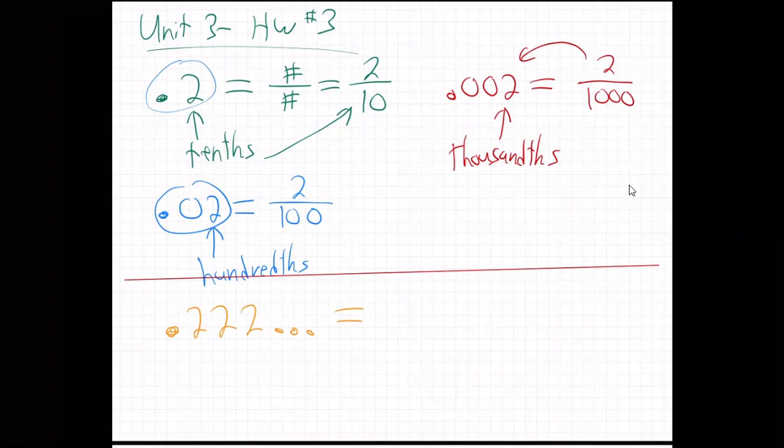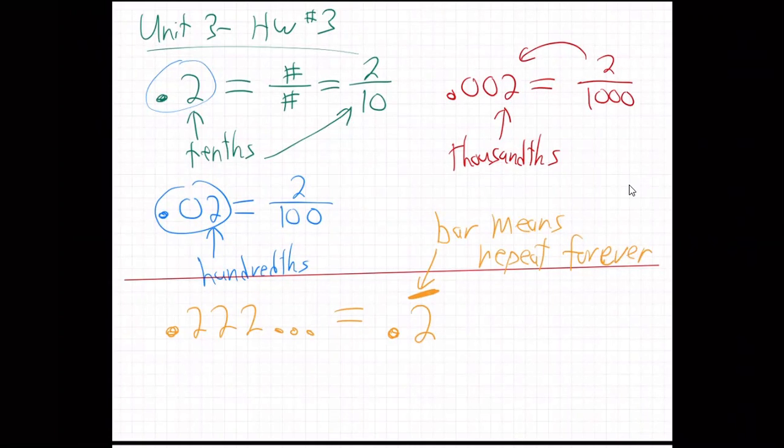How do we write the decimal? Like, how do you say the 2 repeats forever? You put 0.2 and what do you put? The bar over it. Yeah, the bar. Remember the bar? The bar means repeat forever, doesn't it? So that means 2's forever.